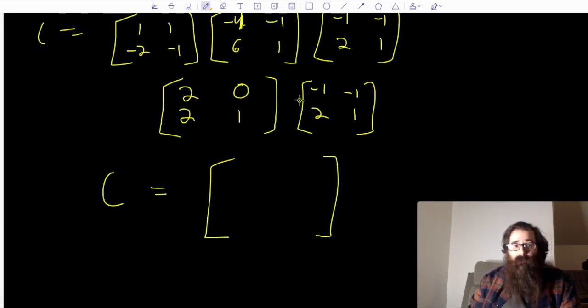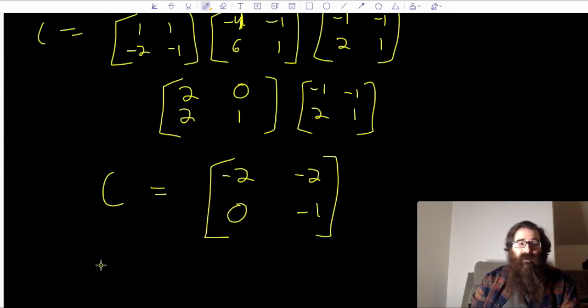So we'll do the row column rule again. 2 times -1 plus 0 times 2 gives me -2. First row, second column: 2 times -1 plus 0 times 1 gives me -2. We'll go down to the second row, but back to the first column: 2 times -1 plus 1 times 2, which is -2 plus 2, gives me 0. And second row, second column: 2 times -1 plus 1 times 1, -2 plus 1 gives me -1.